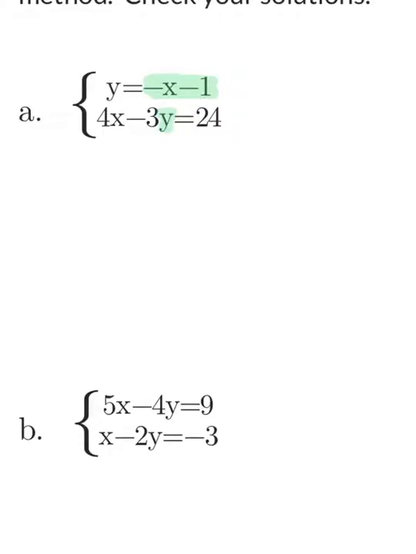If we do this, we get 4x minus 3 times negative x minus 1 equals 24.